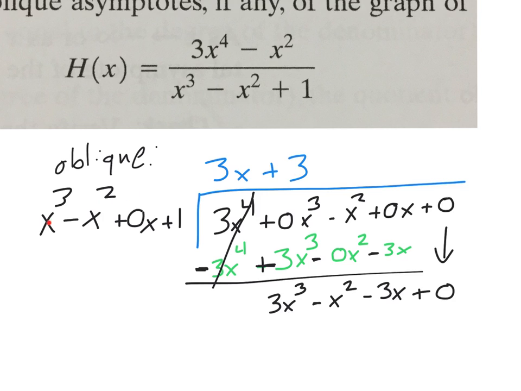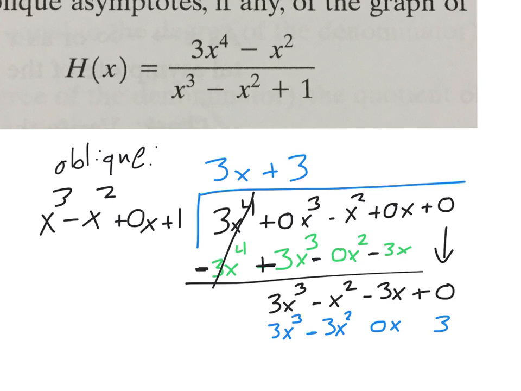Now what is 3 times x to the third? That is 3x to the third. What is 3 times negative x squared? Negative 3x squared. Yep. What is 3 times 0x? 0x.